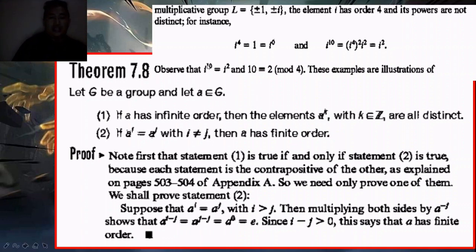Here the two powers are equal, but the exponents 10 and 2 are not equal. Therefore, i has a finite order. Its order is 4. And the second statement: if a has infinite order, then the elements a to the k, with k in Z, are all distinct.